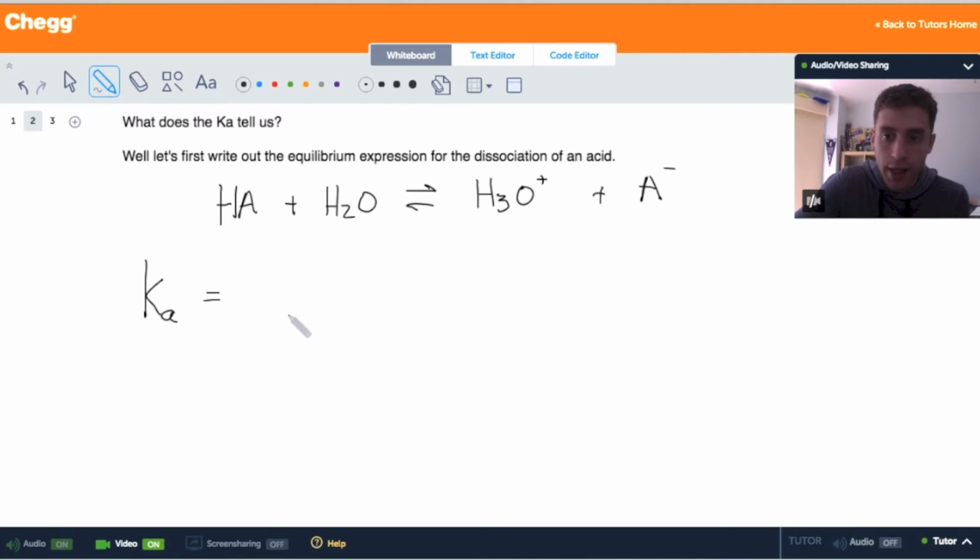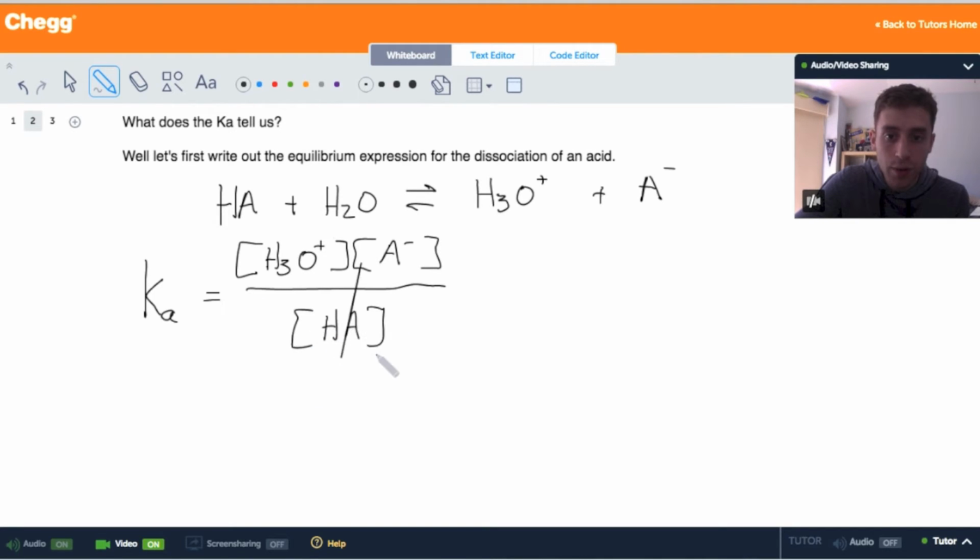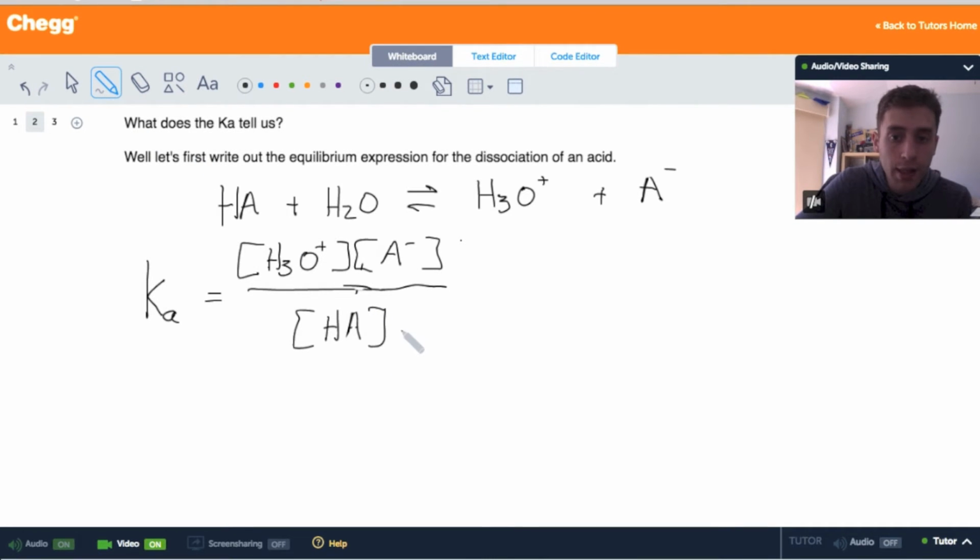Ka is equal to the concentration of products, H3O plus times A minus, over the concentration of reactants, which is just HA, because we exclude water because water is a liquid. So what the Ka tells us is the ratio of these products to this reactant.